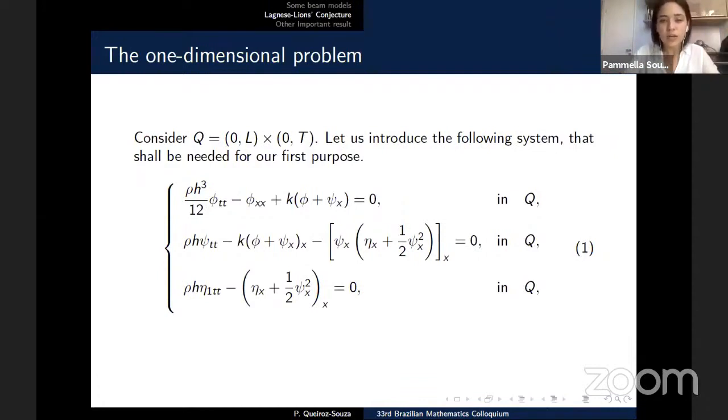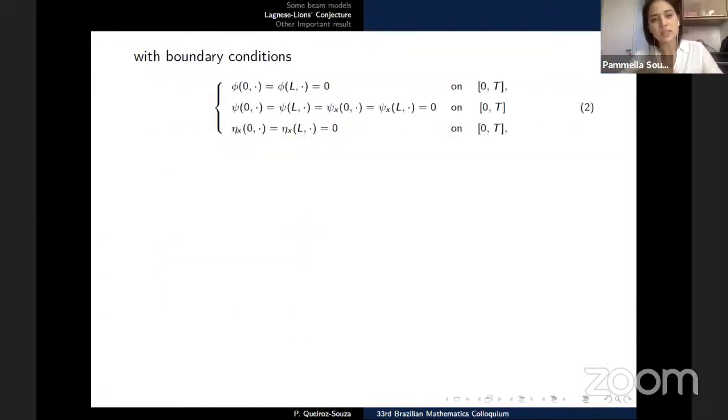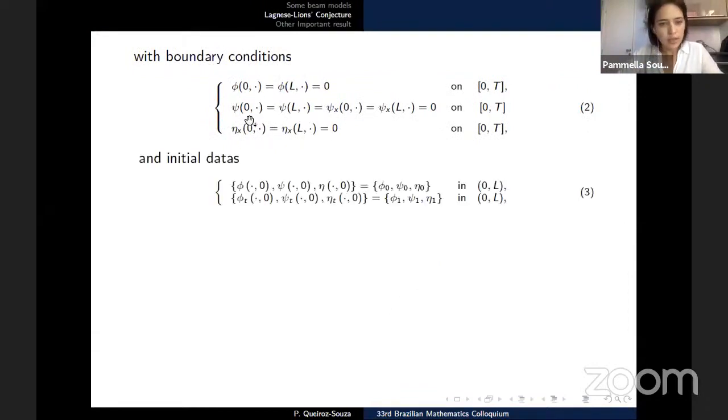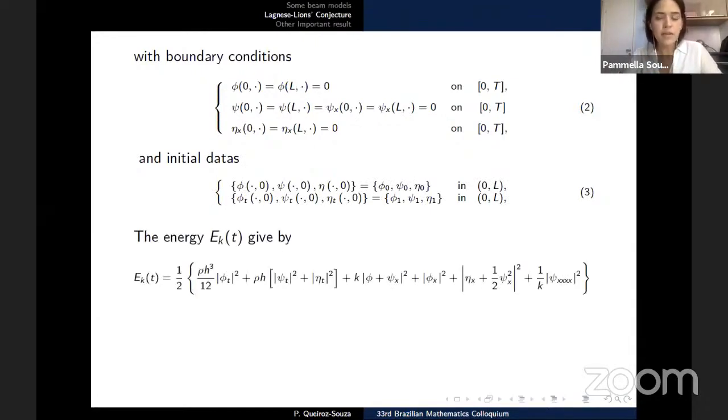Here we consider the one-dimensional nonlinear Mindlin-Timoshenko system without the regularizing term, and we study this system with these boundary conditions and initial data. For this system, the energy is given by this expression.